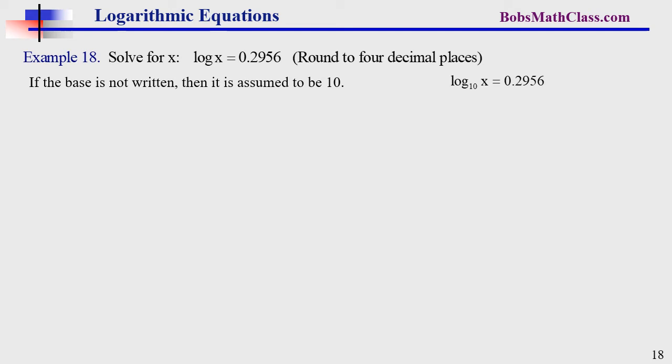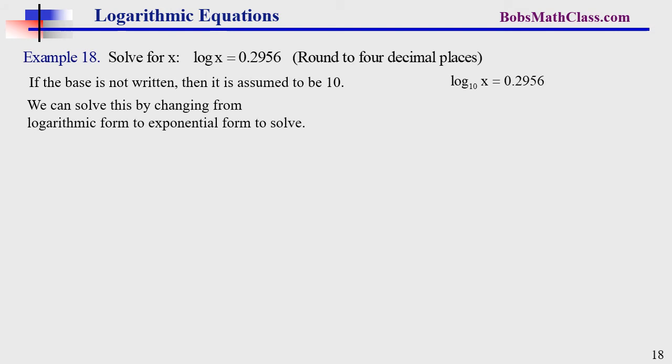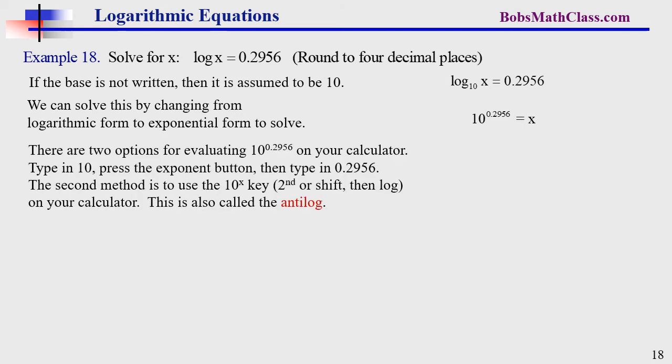Change that to exponential form. So what would that be? That would be 10 to the power 0.2956. Okay, now that's all we have to do. Put it in our calculator. You have two options on your calculator. You could either type 10 and then your exponent button and then the 0.2956, probably the way we would normally do it.